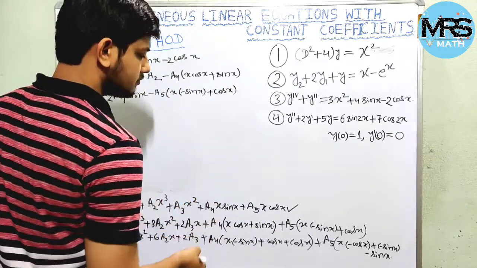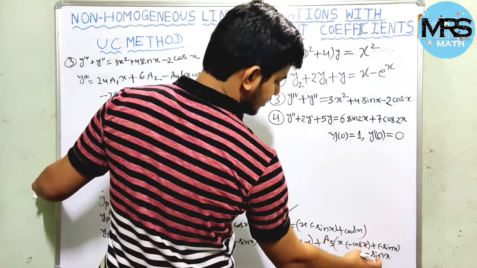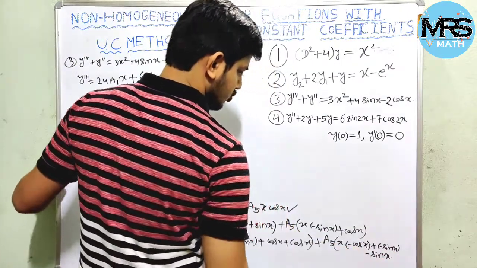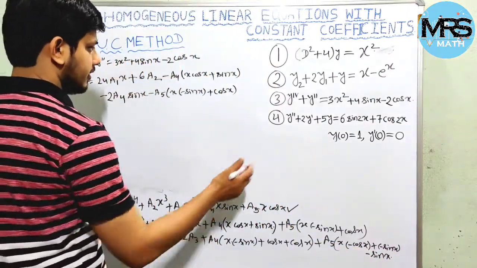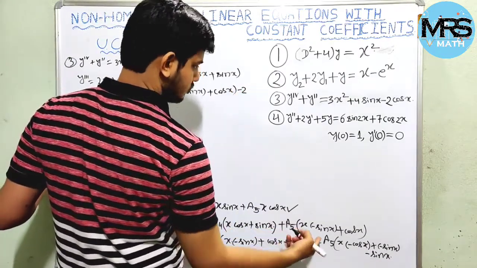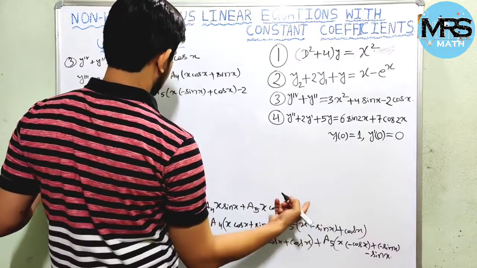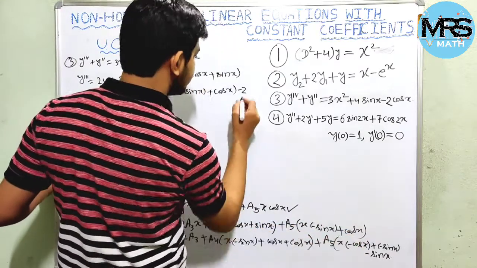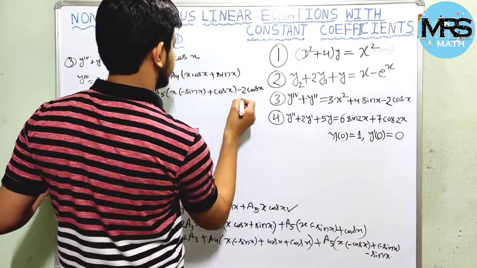Now this one is equal to minus 2 sin x, so that will be minus 2 sin x derivative is cos x.